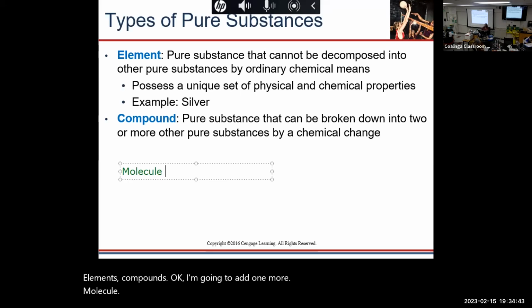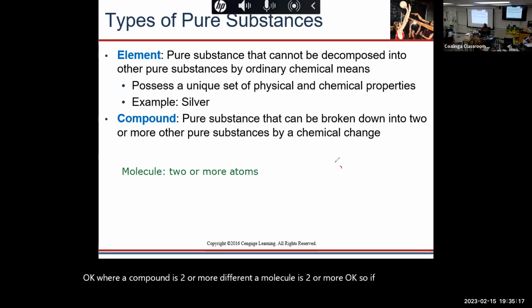A compound is two or more different elements that are combined. A molecule is two or more atoms. So if I have O2, is that a molecule?